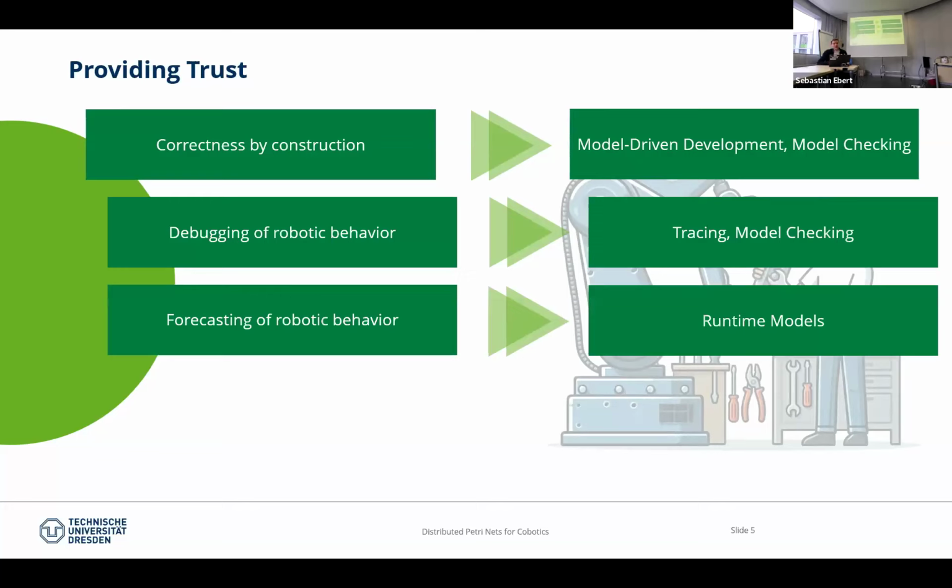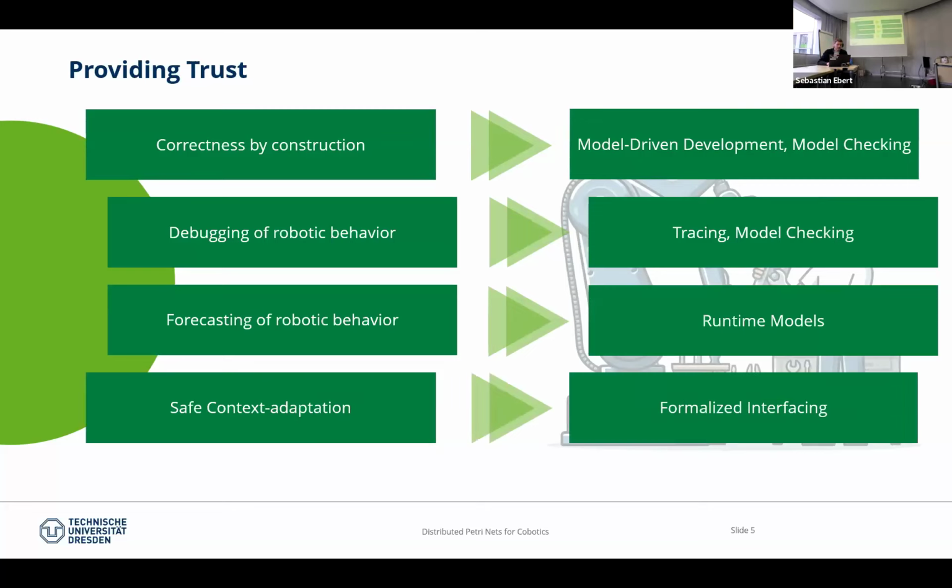The third is forecasting, so we can look into the future of the robotic behavior, which is, for example, possible with runtime modeling, because we can see what are possible next steps. And finally, safe, underline safe, context adaptation. So if we change something in the system, we of course want to make sure that it stays safe. And there we work with formalized interfacing, basically.